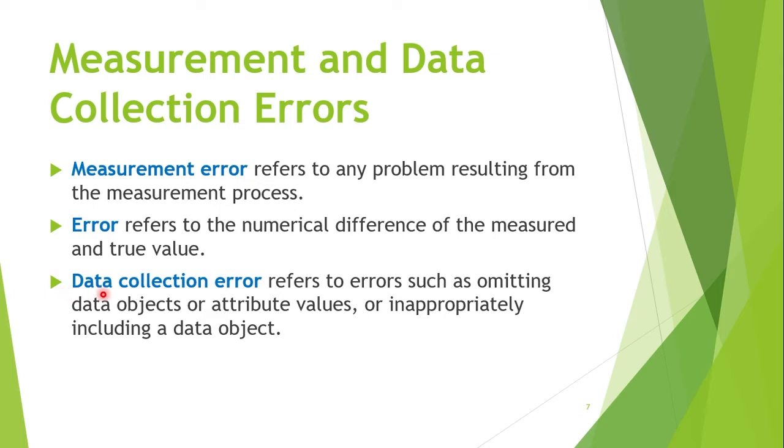The term data collection error refers to errors such as omitting data objects or attribute values or inappropriately including a data object. For example, a study of animals of a certain species might include animals of a different related species that are similar in appearance to the species of interest.